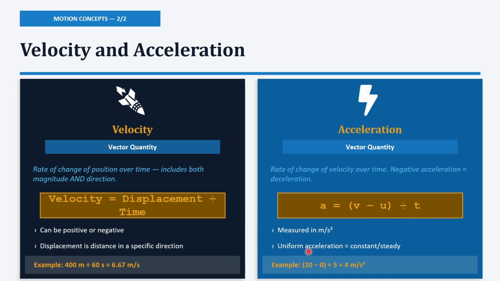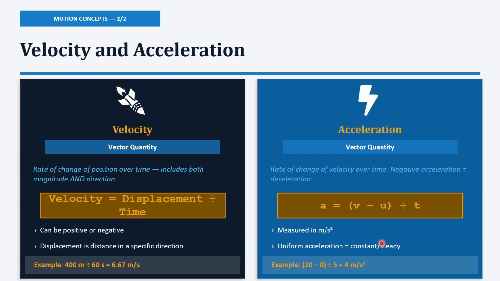In this example, we start from rest, which is the initial velocity is 0 meters per second. And then we have a final velocity of 20 meters per second. And then we move it at a time of 5 seconds. So to calculate the acceleration, it is 20 minus 0 divided by 5, which is equal to 4 meters per second squared.